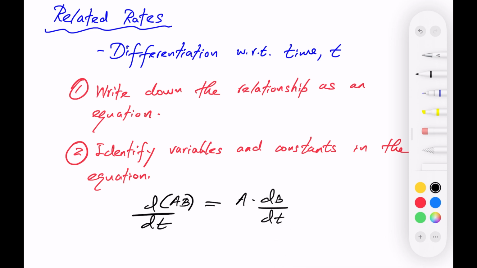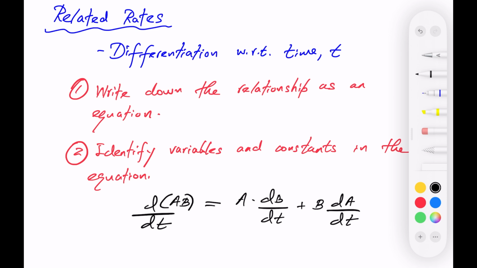In case a is a variable and b is a constant, we take the b out and differentiate a. On the other hand, if both a and b are variables, in that case we will write this as a times db by dt plus b times da by dt. That's the application of the product rule.